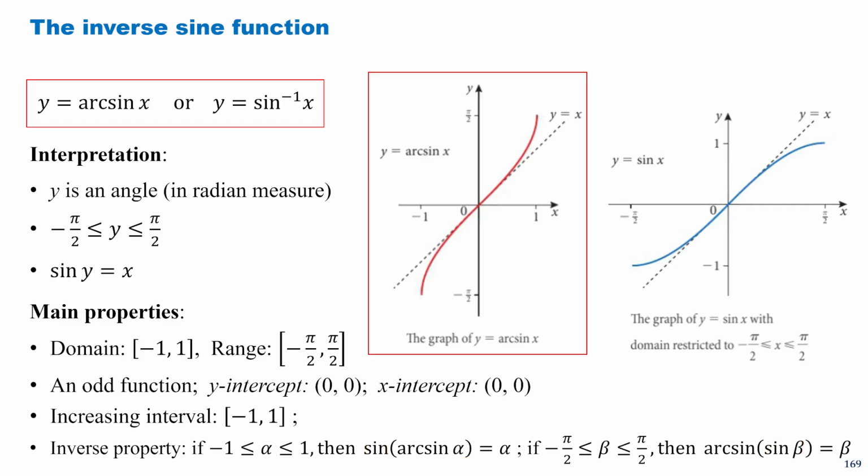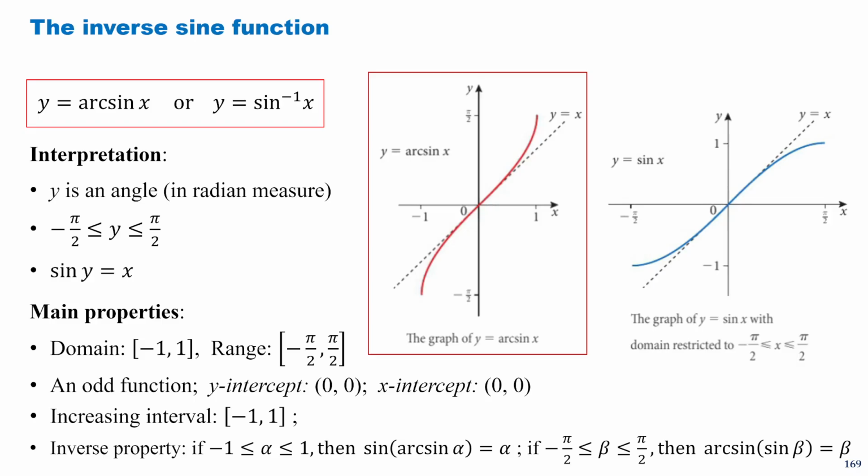Otherwise, if beta is not in that interval, you need to convert beta into negative half pi to positive half pi by using coterminal angle expressions. That means you need to use beta plus 2k pi, where k belongs to the set of integers. Did you get it? Again, the most important thing is to understand the graph of arc sine.